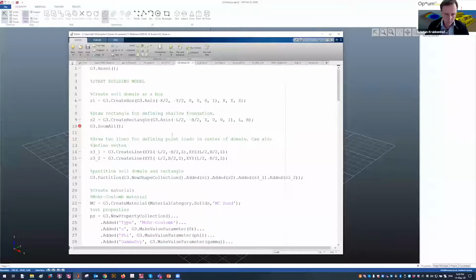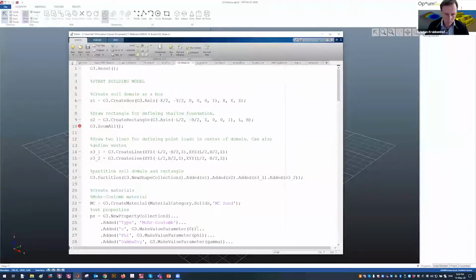And then this is what happens. Here's my box, with the rectangular domain on top as well. Then I want this cross at the center here. It's a bit annoying.